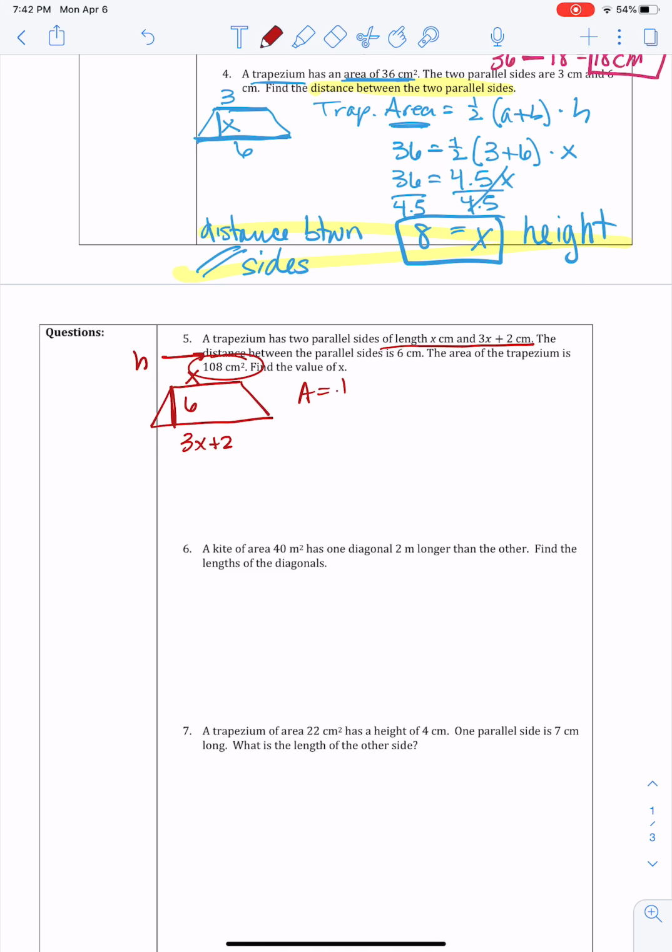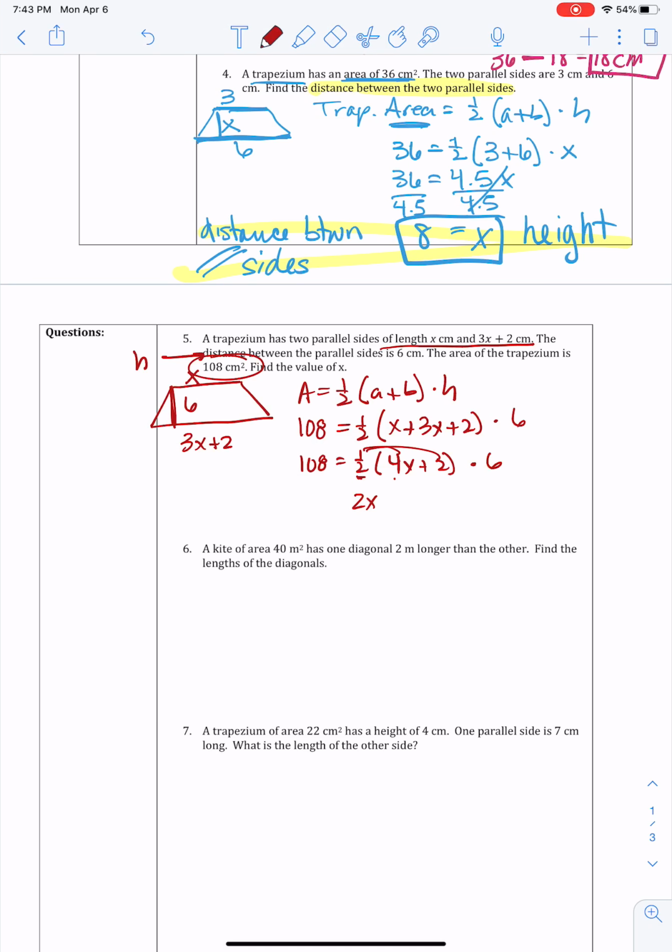So area equals half of a plus b times h. Our area is 108, is half of x plus 3x plus 2 times 6. So 108 is half of 4x plus 2 times 6. Half of 4x is 2x.